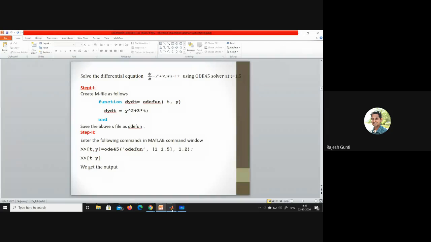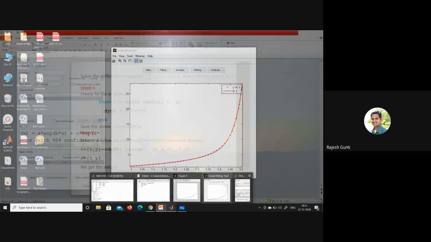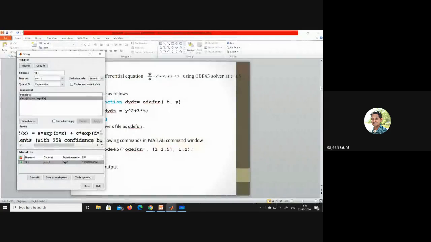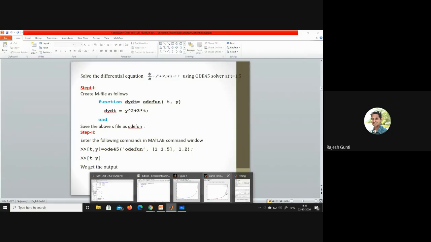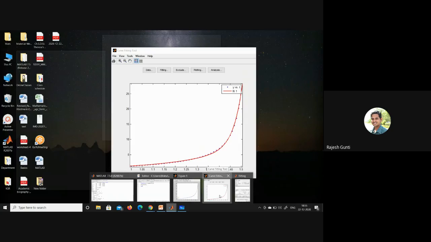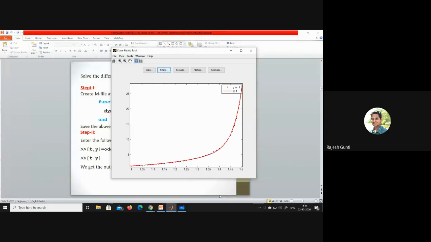A, B, C, D values are given like this. A is this one, B is this one, C is this one, D is this one. Okay. Now I have an analytical solution also. Not exact analytical solution, approximated analytical solution.